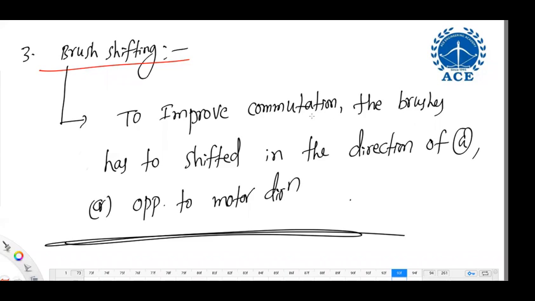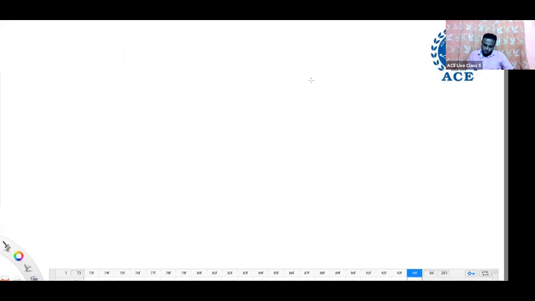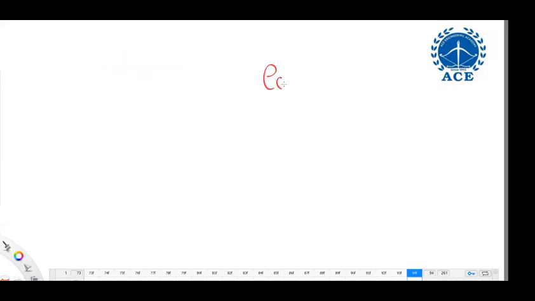Sir, here ER and the EMF due to cross magnetizing: how can we know which is which? Because in one case the flux is decreasing due to cross magnetizing, and in the other case the current is reversing. Will the EMF due to cross magnetizing and the reactance voltage be in the same phase?